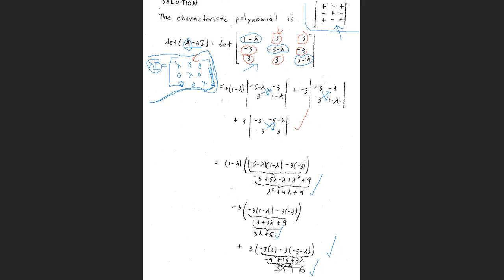Okay, so we're going to have 1 minus lambda times lambda squared plus 4 lambda plus 4, minus 3 times 3 lambda plus 6, and then plus 3 times 3 lambda plus 6. May I move to the next page?